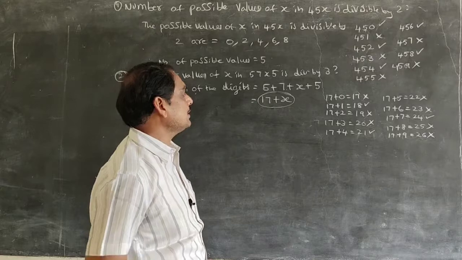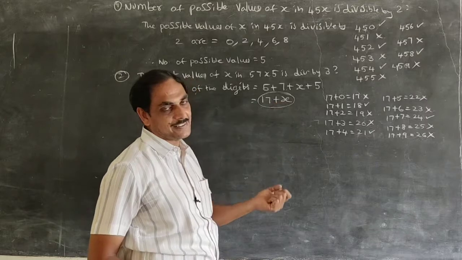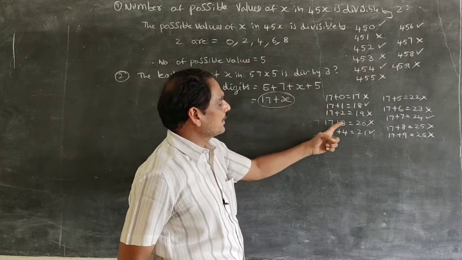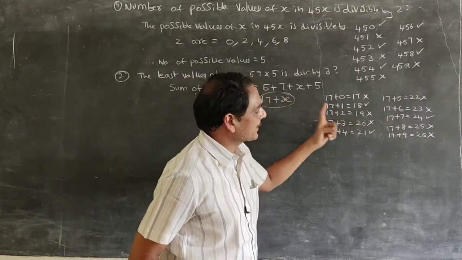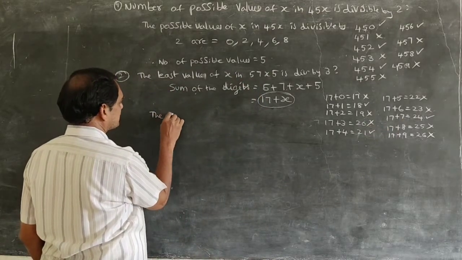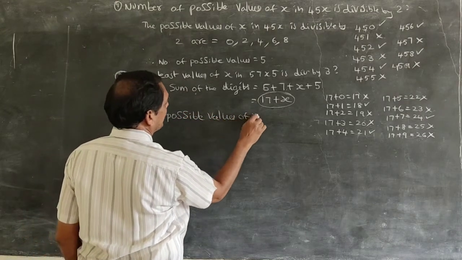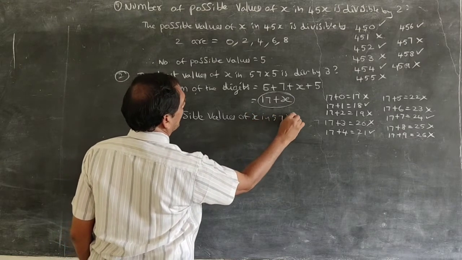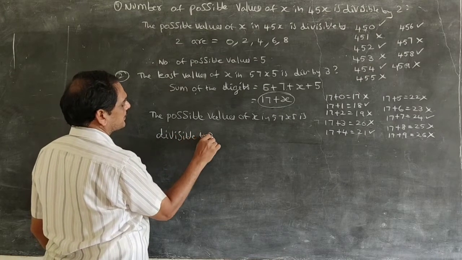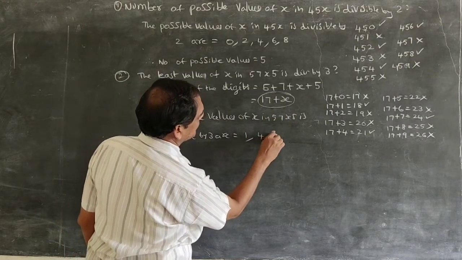So, this is a rough idea. Next we have to find for which values of x, 17 plus x is divisible by 3. For the values x equal to 1, x equal to 4, x equal to 7. So, the possible values of x in 57x5 divisible by 3 are x equal to 1, 4, 7.